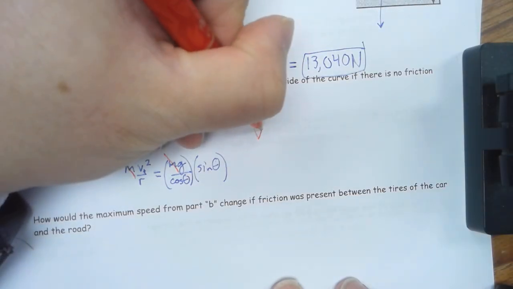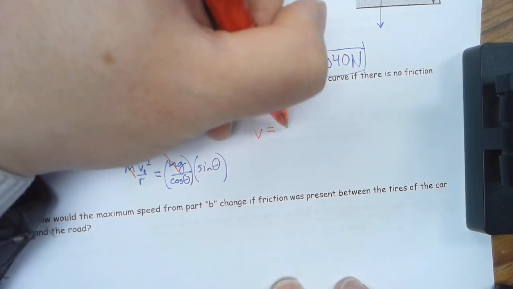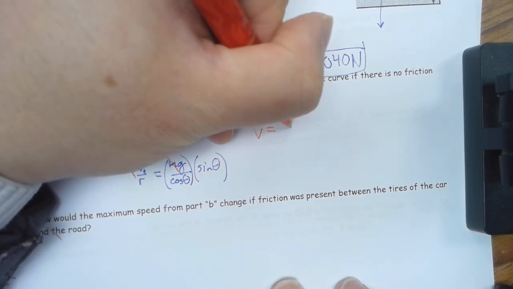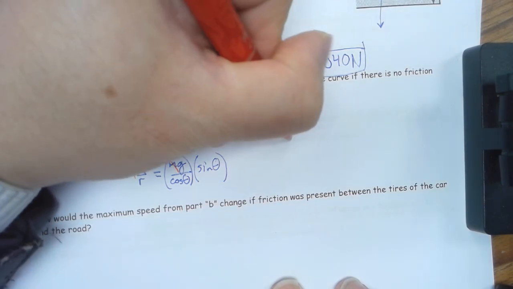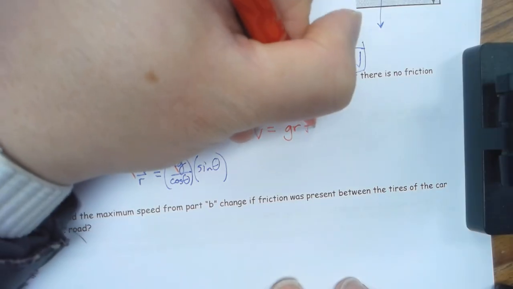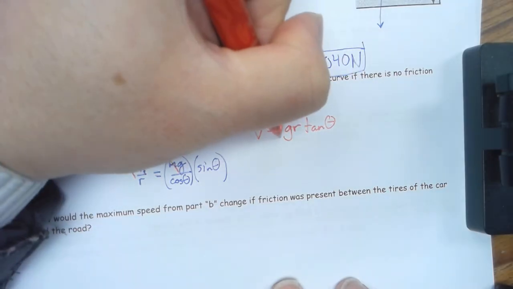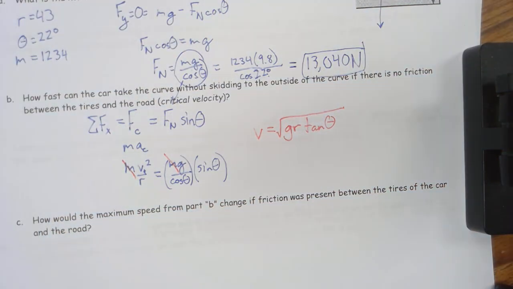To find the speed, I'm going to move the r to the other side and take the square root, so I've got the square root of g r tan theta. I did a handful of algebra steps at once. This isn't showing our work in math class appropriately, but for us, this is the bare minimum: that we have rearranged it algebraically.